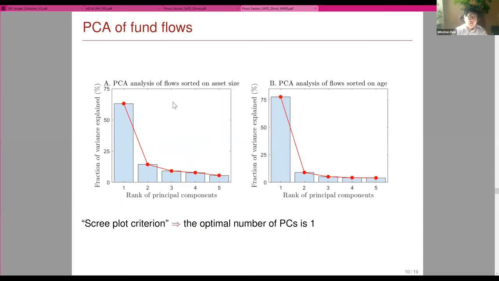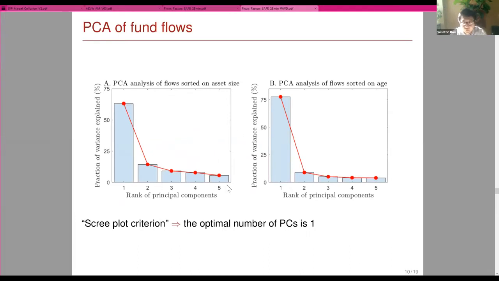And also further, we do this formal PCA analysis. So panel A is the PCA analysis for the groups sorted based on fund size, and panel B is the PCA analysis of flow shocks based on the 5 groups sorted in quintiles of fund age. So you can see here quite similar, almost identical.